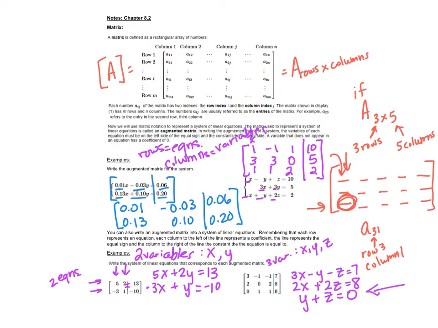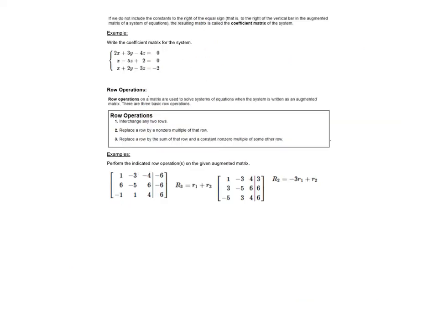All right, so now we have looked at what is a matrix, how can I write a matrix from an equation, how can I write an equation from a matrix. Now, sometimes for whatever reason, we do not want to include what the equation is equal to. So in that sense, we call it a coefficient matrix.